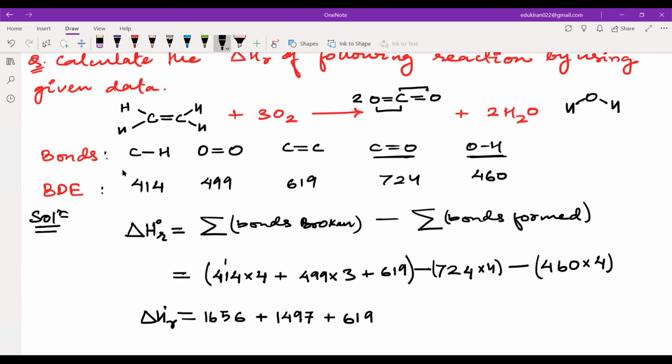Plus 619 minus, this will be 4 4s are 16, 4 2s are 8 and 9, 7 4s are 28 minus 6 4s are 24, 4 4s are 16, 17 18.